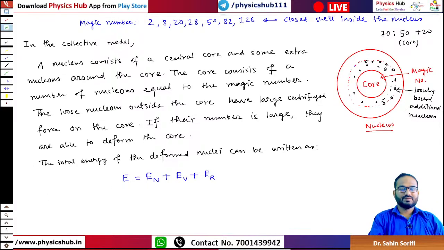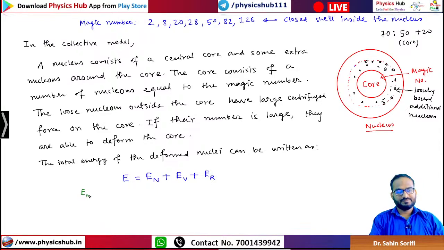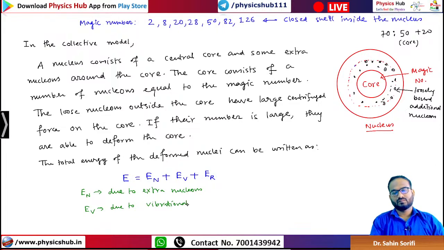So here En is due to extra nucleons, Ev due to vibrational motion, and ER due to rotational motion.